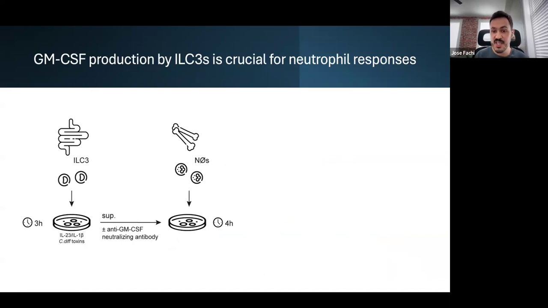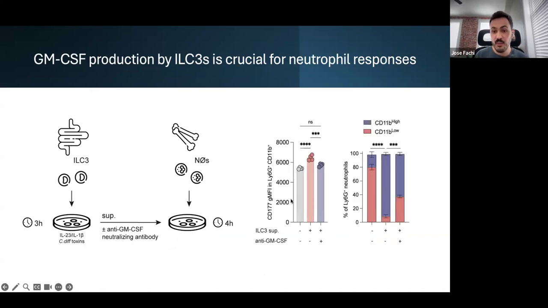So, neutralizing GM-CSF, we saw that when you have the supernatant, as we saw before, you have more neutrophil maturation. But then when you block GM-CSF from the supernatant that was released by ILC3s, you cannot see this maturation anymore. So GM-CSF is important for inducing this ILC3-associated maturation of the neutrophils.